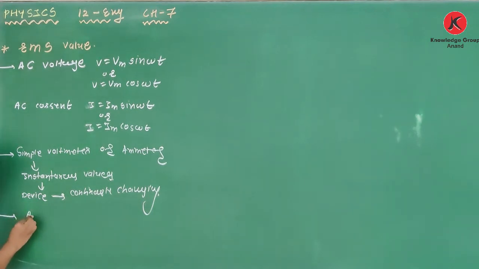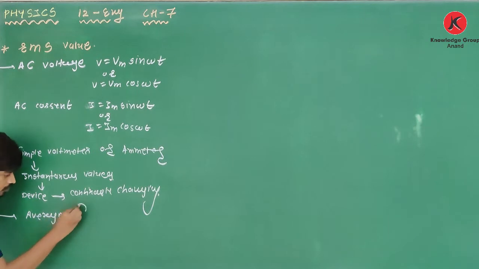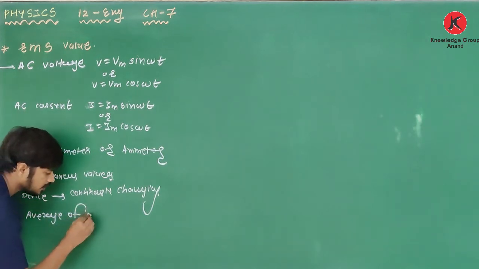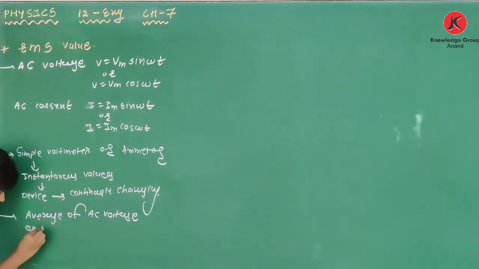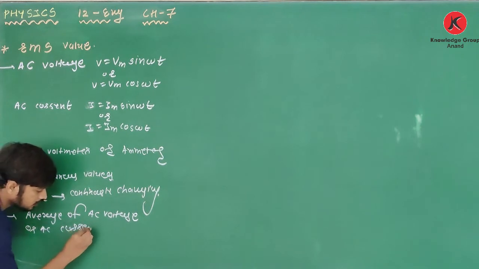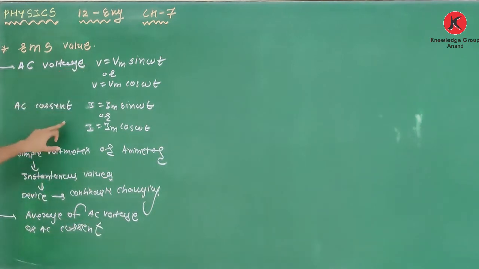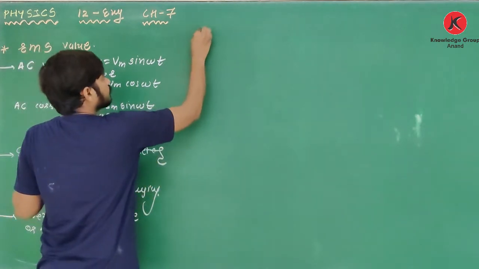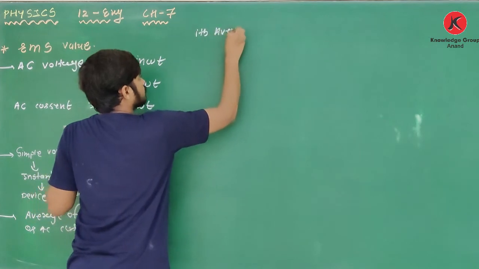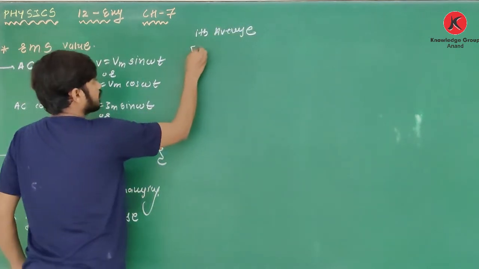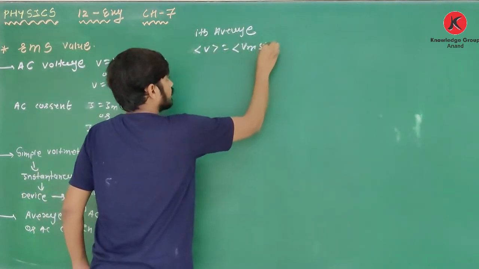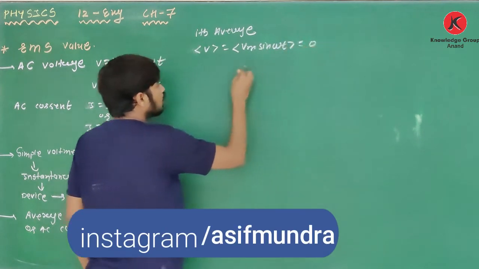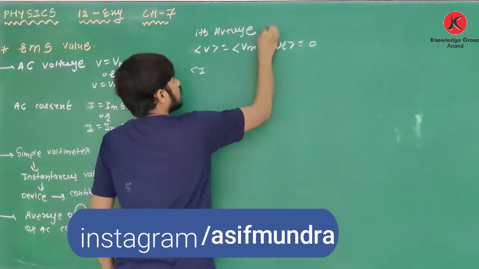But the average of AC voltage or AC current, as they are functions of sine or cos, is zero. That is, the average of V, which is the average of Vm sin ωt, we have proved is 0, over a period.